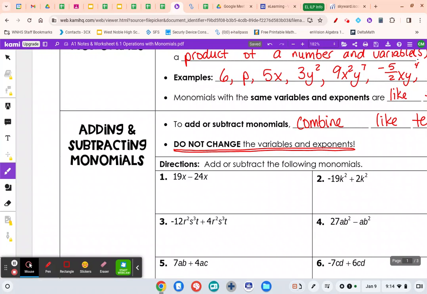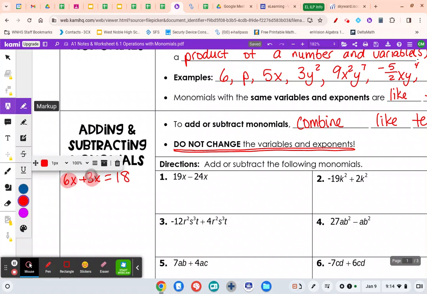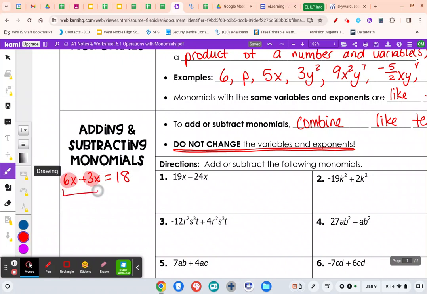So like I was saying, last semester, if you had a problem that looked like this, you would have seen that these two are like terms. You would have combined them. You would have gotten 9x. You didn't change the variable or the exponent. You just added the numbers. And then you would have solved for x. It's kind of similar here, although you're not doing the final solving.